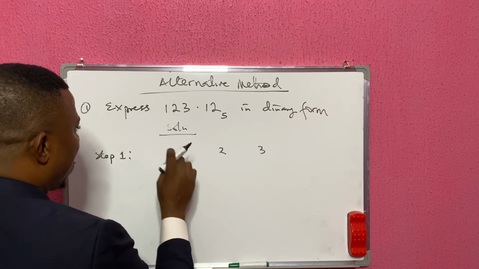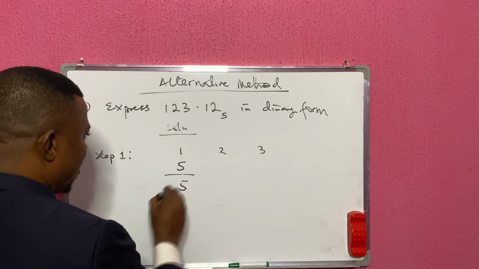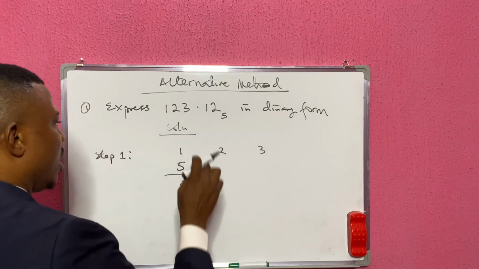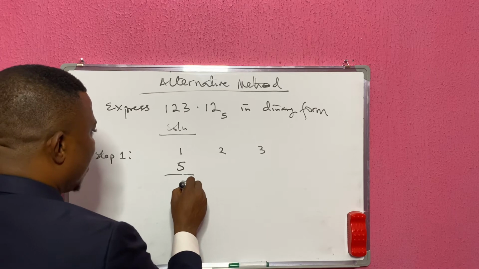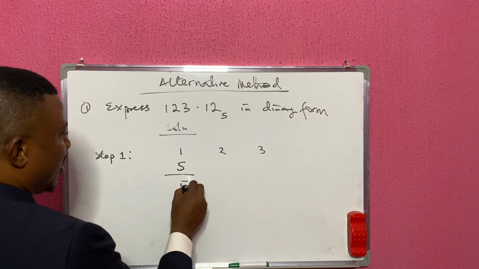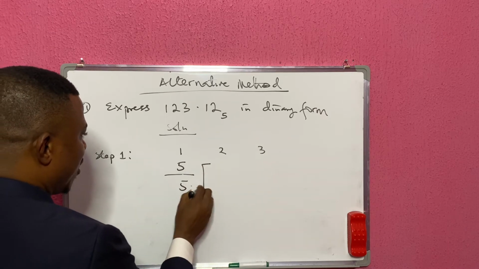You will say this base 5 times 1 is 5. You are going to add these 2 to this 5. Let's put it like this for easy understanding.